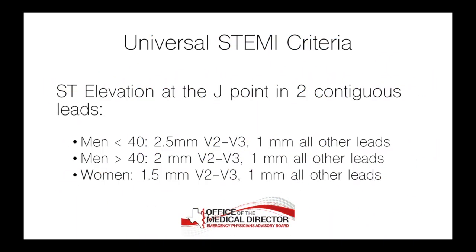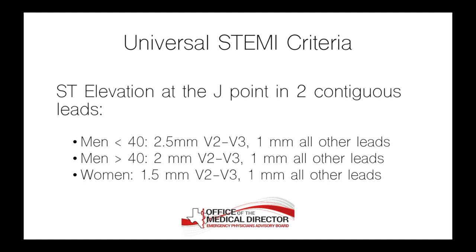Now that we've defined what this first part of the criteria means, the bullets below define the criteria for ST elevation that meets STEMI criteria. The biggest difference in all three of these bullet points is found in leads V2 and V3.